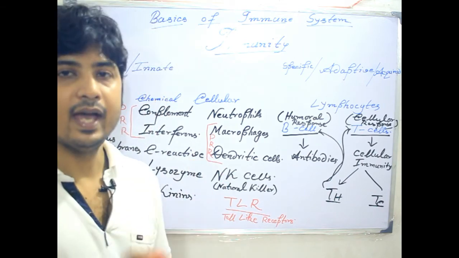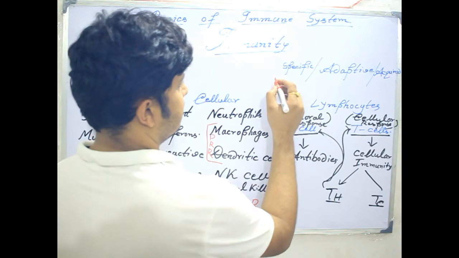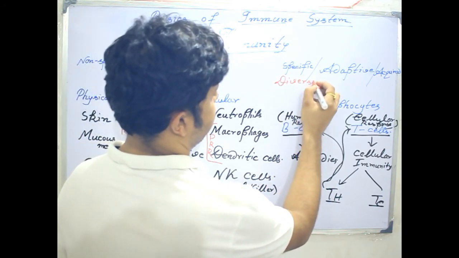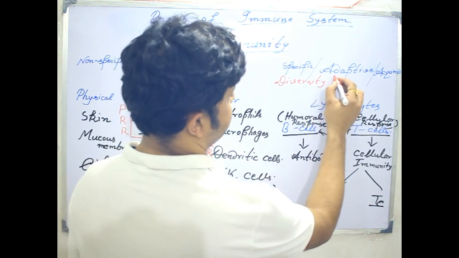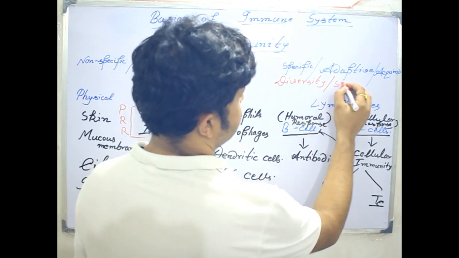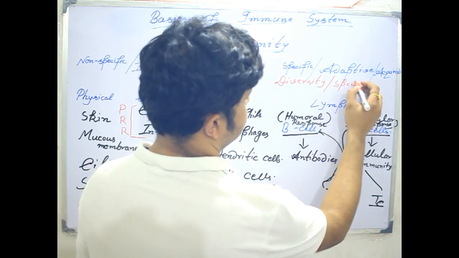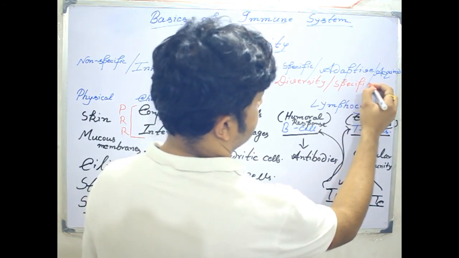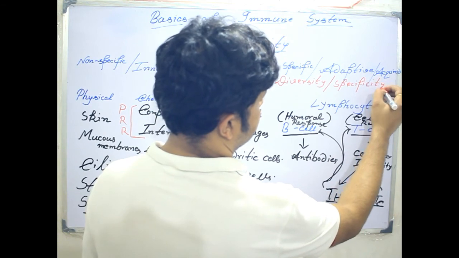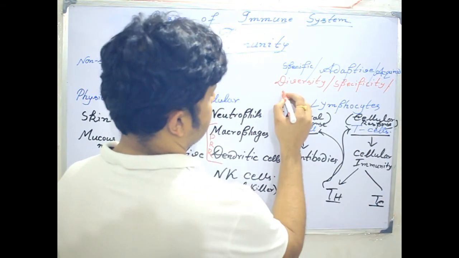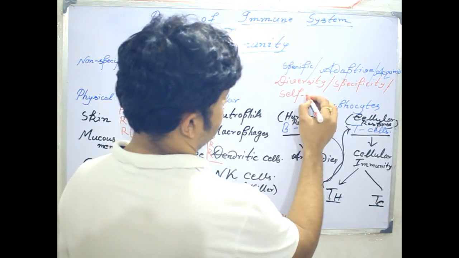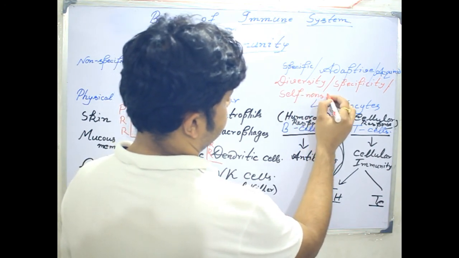Specific immunity has three principles, that is diversity, specificity, and self non-self recognition.